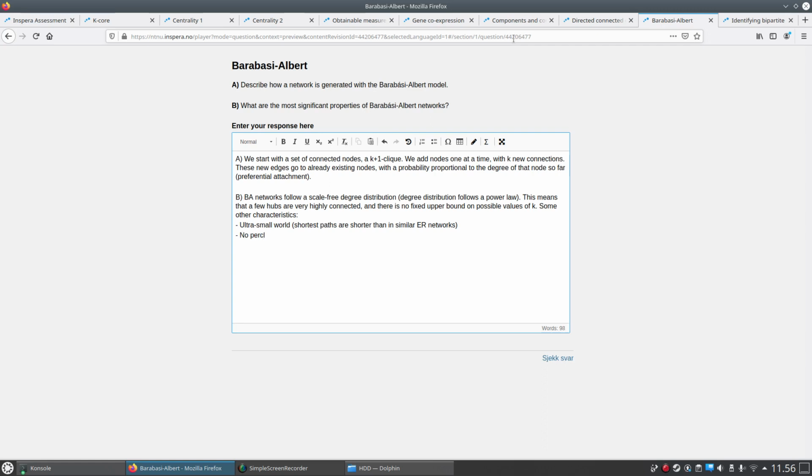No percolation or epidemic threshold, and reasonably low clustering. These are, I'd say, off the bat some of the things one should know about a Barabasi-Albert network. Obviously, there are tons of other properties as well, but you don't need to be that exhaustive. The most important one really is this notion of the scale-free degree distribution. That is what the Barabasi-Albert model was made to explain.